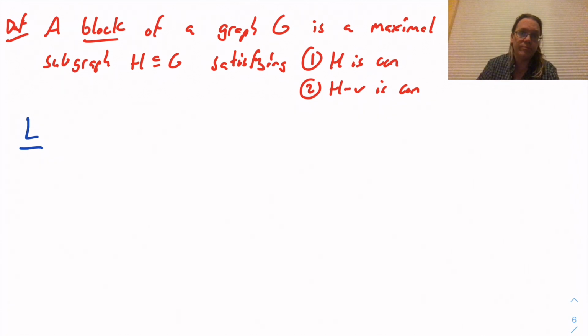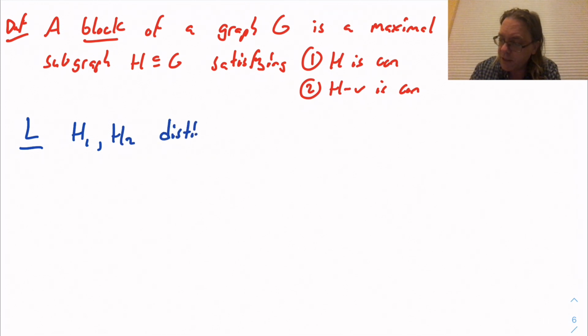I claim the following. First, this is a proposition in the notes, but I somehow feel like calling it a lemma now. I claim that if H1 and H2 are distinct blocks, then they share at most one vertex in common.